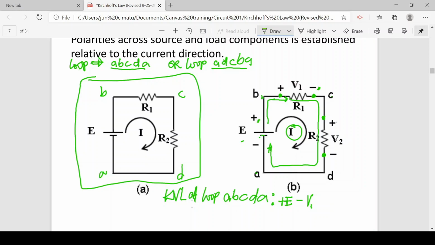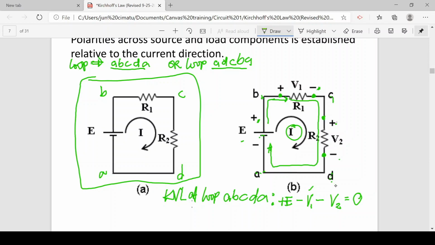Here we leave the positive terminal. Then V2, we enter the loop is C to D. C to D, we enter positive, we leave the negative terminal, and so therefore this is negative V2. And then going to A, no voltage in this part of the circuit, and the loop is closed. We start with A, we go back to A, the loop is closed, and so therefore equated to 0.